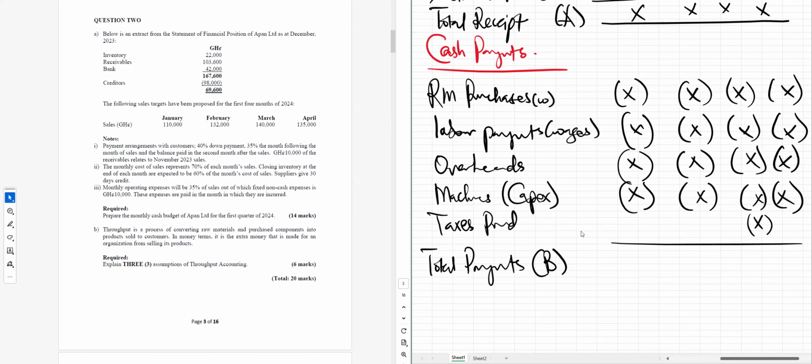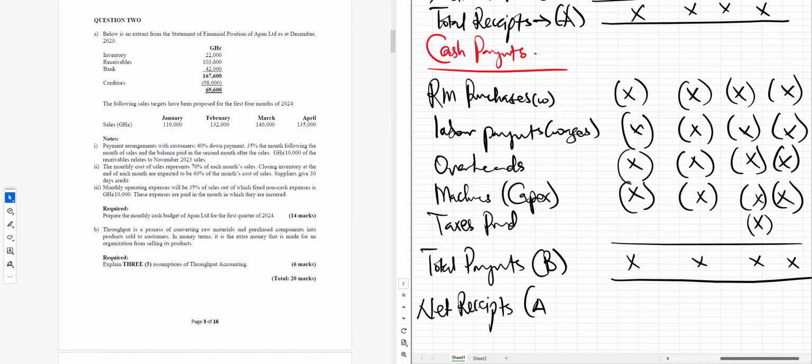Okay, so once you get this, and then the total, you are going to get your net receipt or payment, right? So this net receipt is your total receipt minus your total payment. So this total receipt and total payment, let's bring it here.